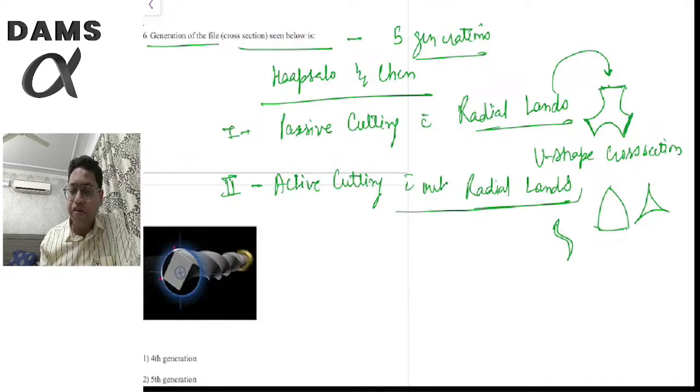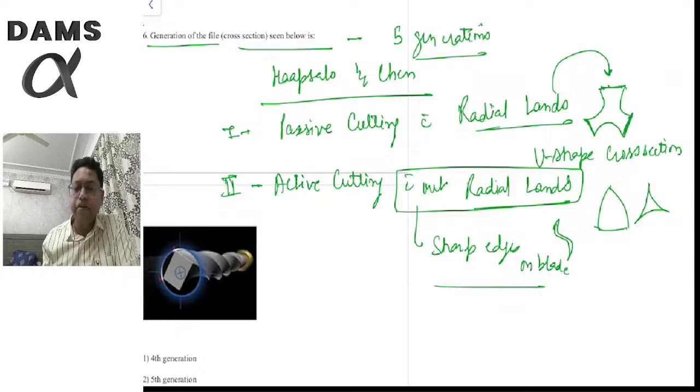They are without radial lands. They have sharp edges on the blade. They all belong to the second generation of nickel titanium instruments, which are active cutting. You can see the blades are sharp, so they would cut dentine more efficiently and effectively as compared to first generation instruments. The third generation requires special heat treatment.